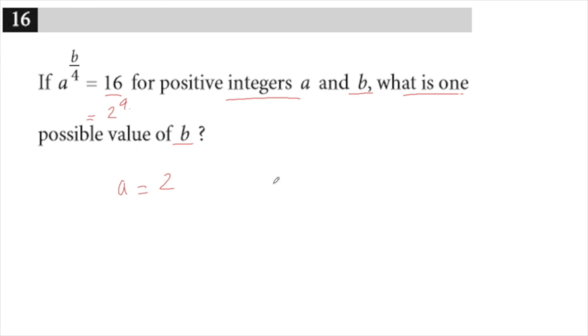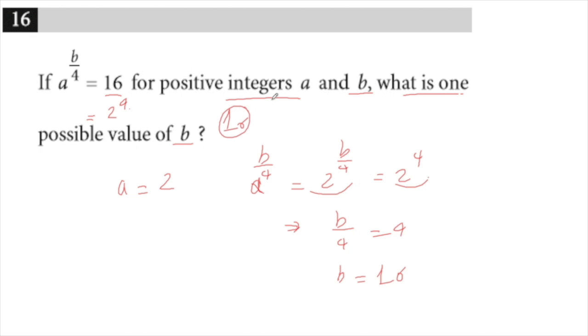So when a equals 2, a power b over 4 means 2 to the power b over 4 will be equal to 2 to the power 4. Because we have two exponentials equal together, the power numbers have to be equal together. b divided by 4 will be equal to 4. So b will have the positive number 16. So I can choose b equal to 16 if a equals 2, and both of them are positive integers.